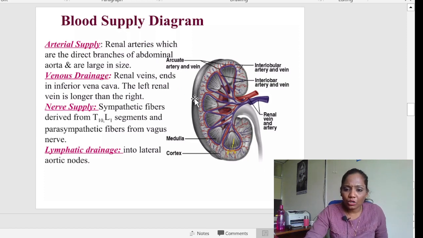If the kidney is not working properly, that is called kidney failure or renal failure. And renal failure is again divided into acute renal failure and chronic renal failure. Sometimes the kidney may temporarily stop working, that's called acute renal failure.